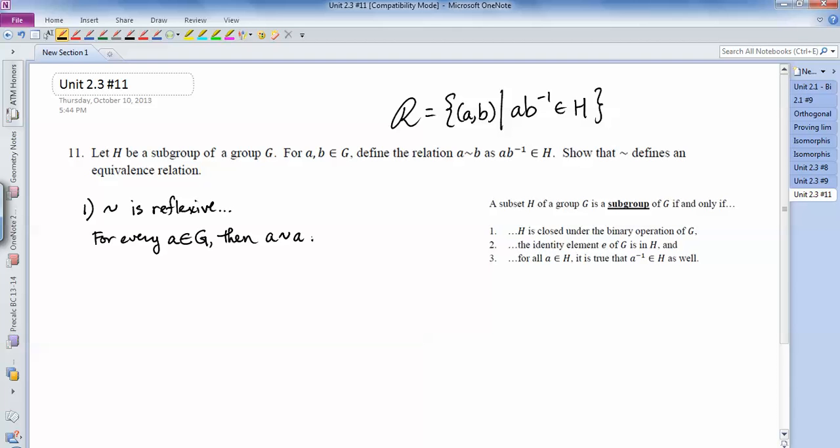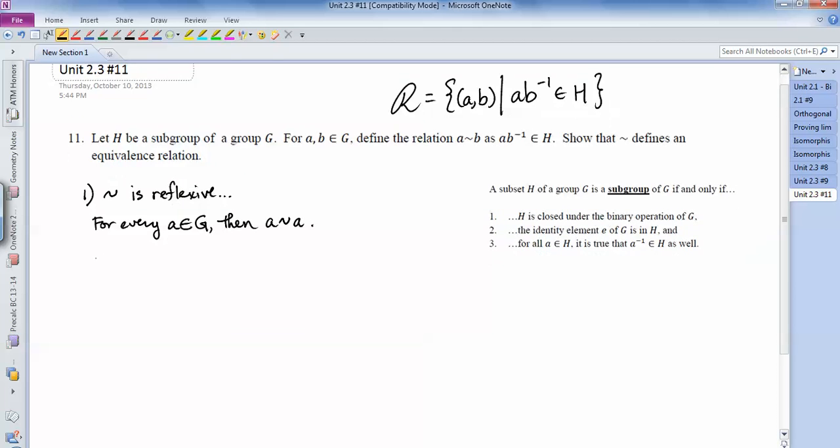Well, is that true? Let's see. Yeah, because you can tell here, it's defined on G. Okay, so is A related to itself?